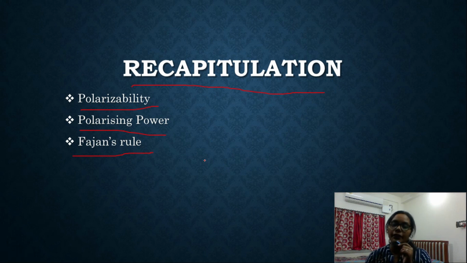Next day we will discuss the shielding effect, the penetration effect, the effective nuclear charge, and oxidation. We will calculate the oxidation states of some elements.